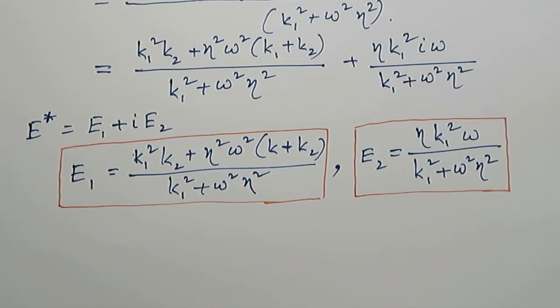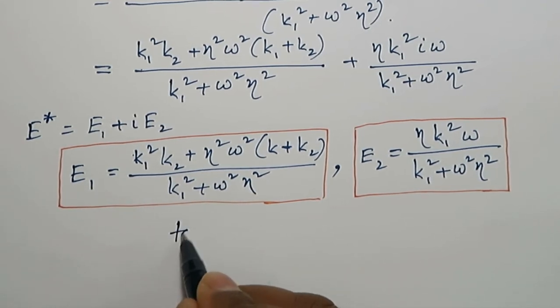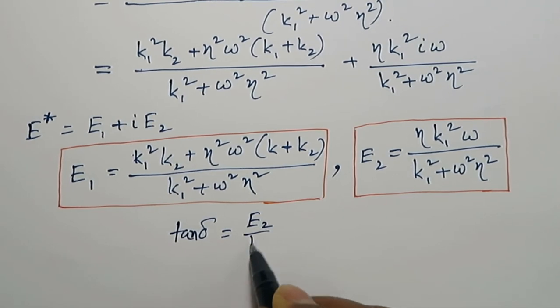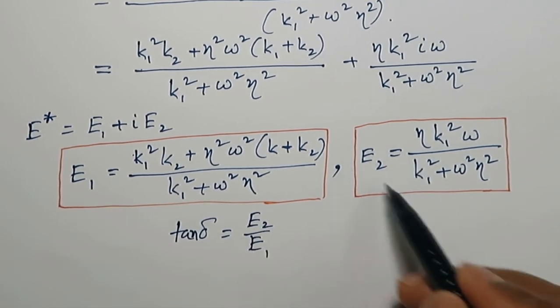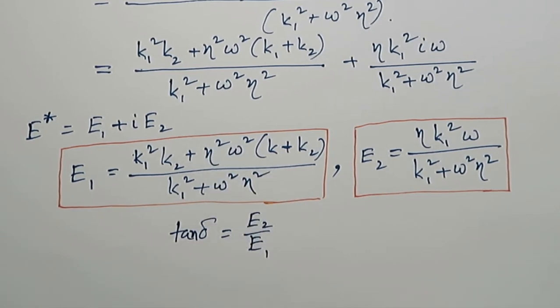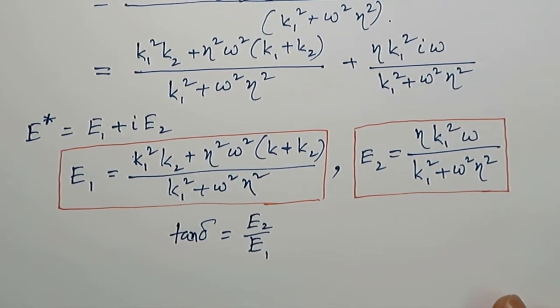And again in this case we can write tan delta as equal to E2 over E1. So E2 is the expression here and E1 the expression here. So now we will use these three equations, and we will try to plot the graph between E1, E2, tan delta and omega.